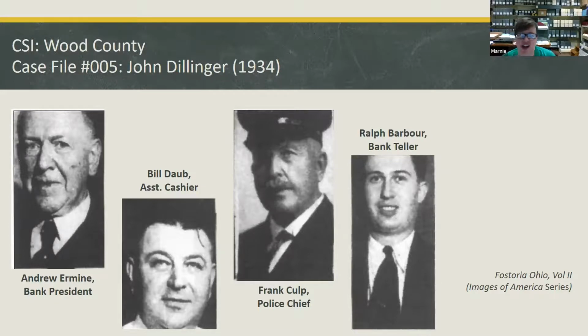And later, Ruth was interviewed by a couple of different newspapers over the years for these events, and she describes that she really believes that one of the men was John Dillinger, and she explains why. John Dillinger had a reputation that he didn't like to kill people.